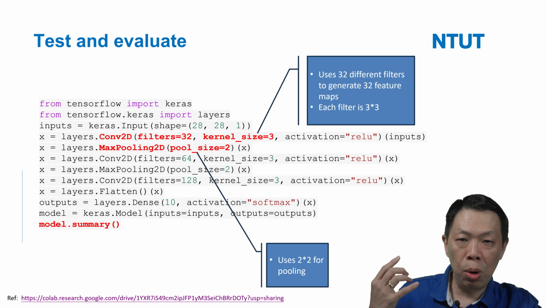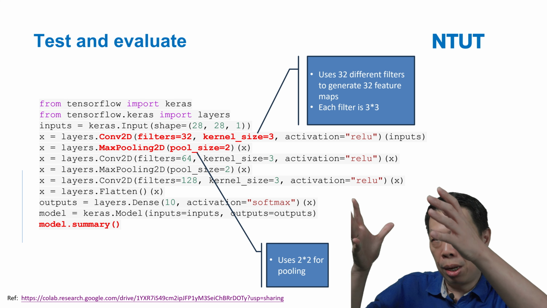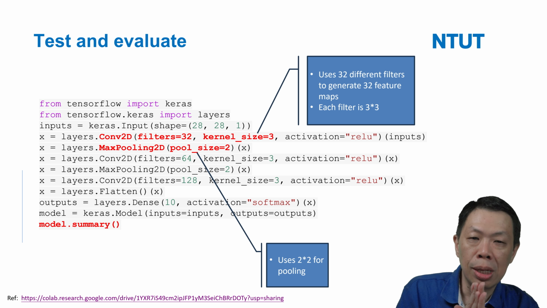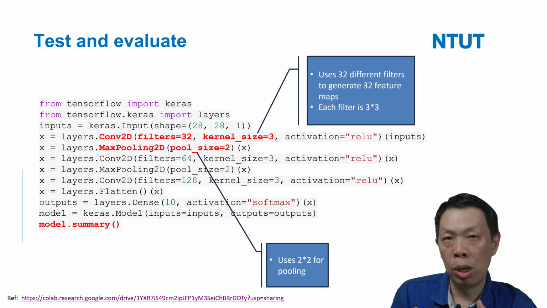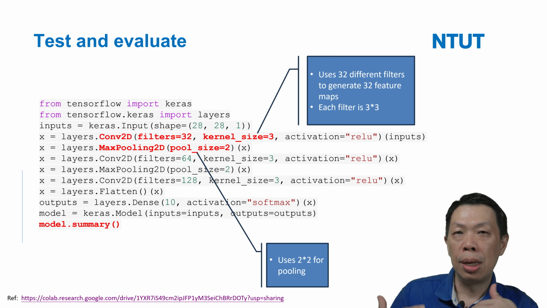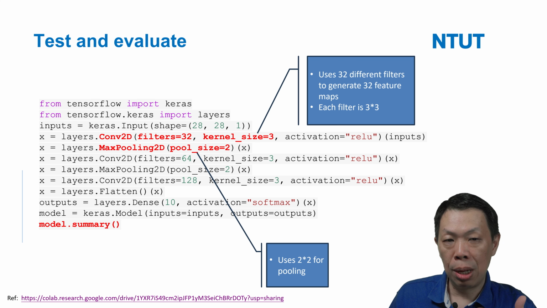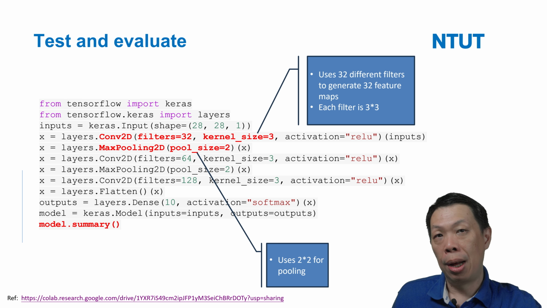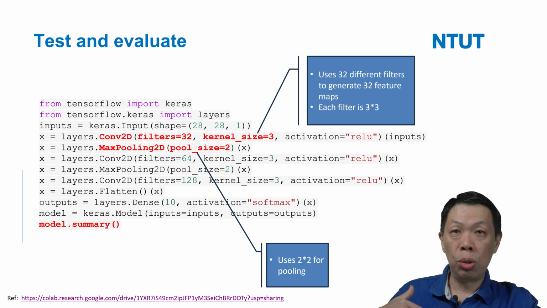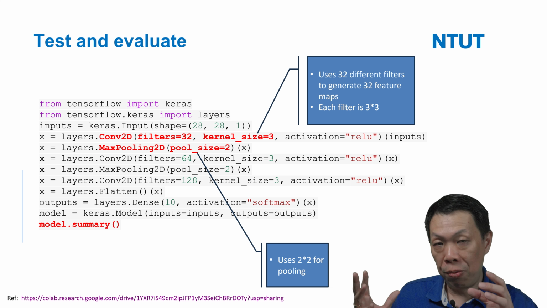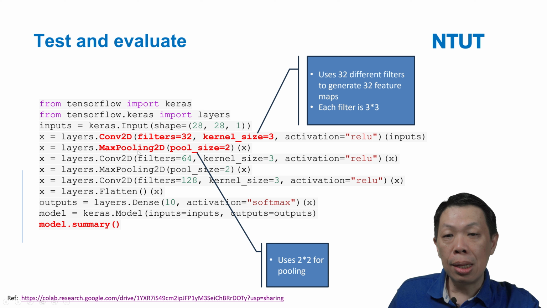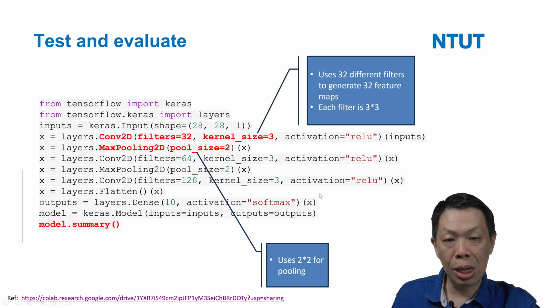After the convolution scanning process, we still need a ReLU activation function to generate nonlinear output for the nonlinear space of this model. Next is max pooling, where we also need a window size, which is 2.